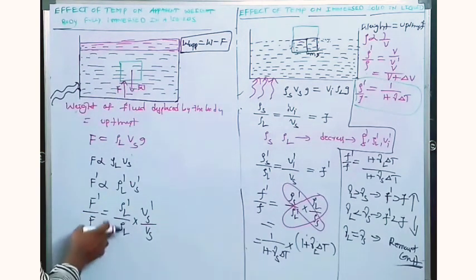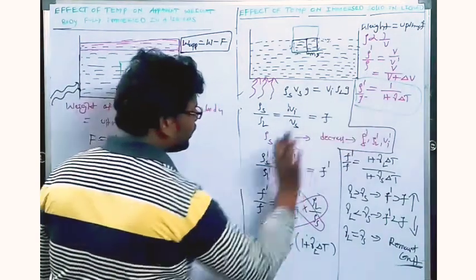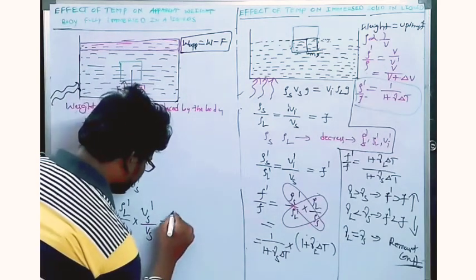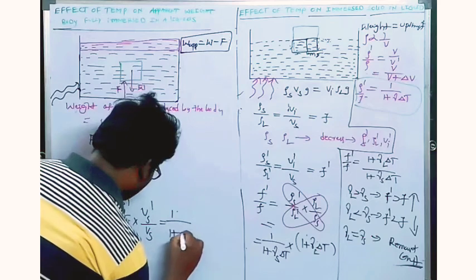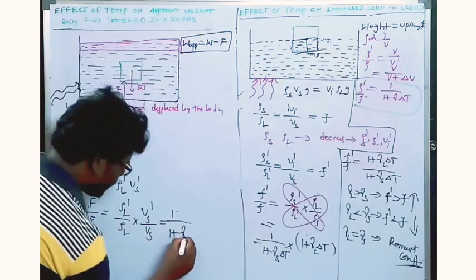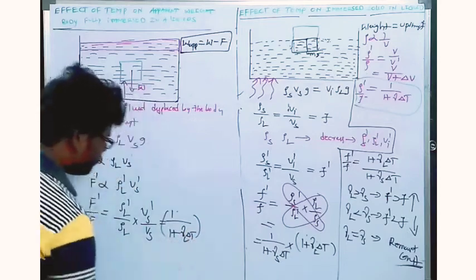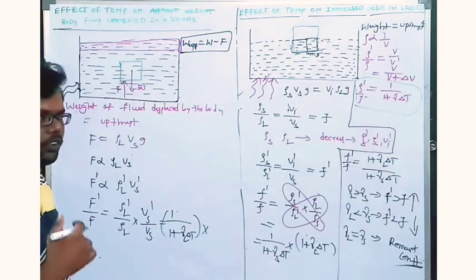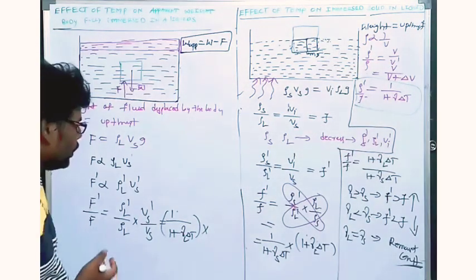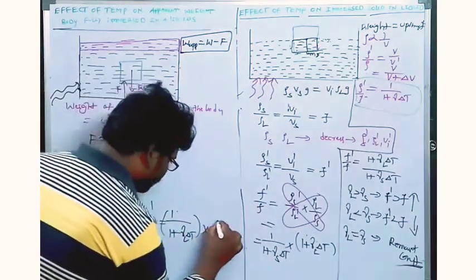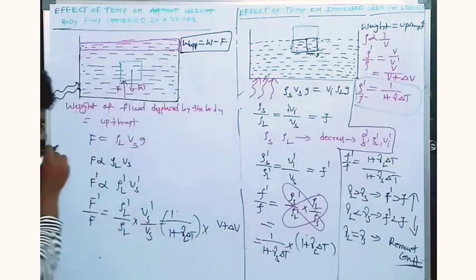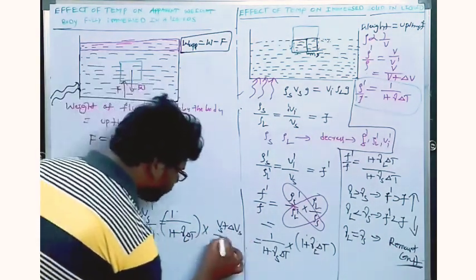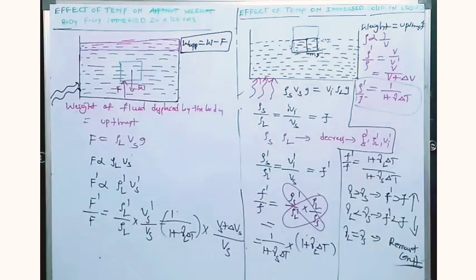So from here, rho L dash by rho L we can write as 1 by 1 plus gamma L delta T, for the liquid, into Vs dash. After giving the temperature, the volume of the solid is going to increase. So the final volume of the solid is Vs plus delta Vs, and we have to write delta Vs by Vs.